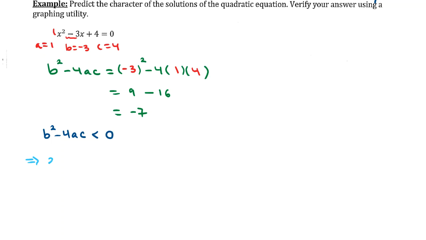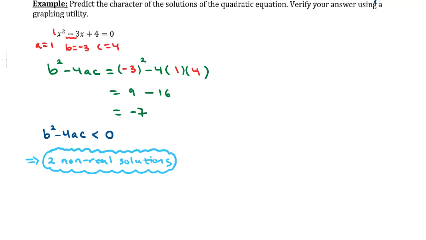We're going to say that we have two non-real solutions. So if we were to solve this quadratic equation, which I definitely encourage you to do, you would see that our answers involve the imaginary unit i. And, moreover, they're going to be conjugates of each other.